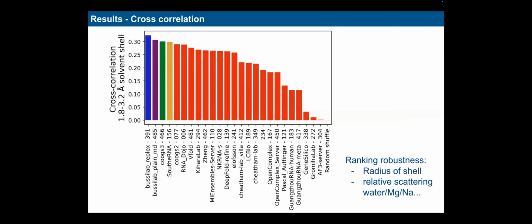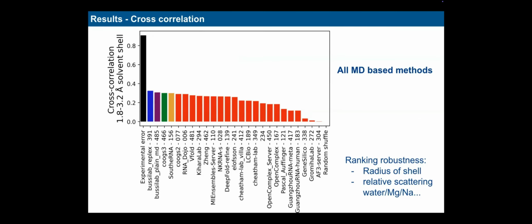I just want to note that I won't be showing it here, but we did do robustness tests on the radius of that shell we were looking at, as well as different relative scattering of water, sodium, magnesium, other ions that people predicted. And all 4 of these teams that I point out did some sort of MD-based method, a variety of different force fields.